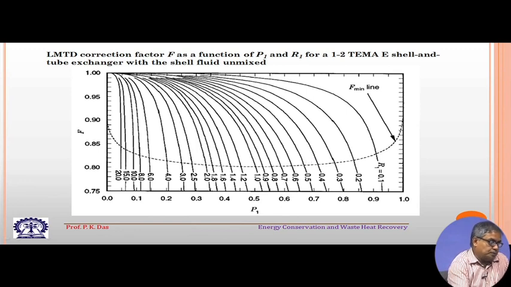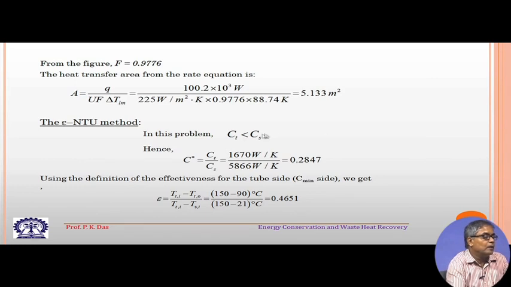So, the surface area A is equal to Q by U F delta T L M, where F is the correction factor. The correction factor we have got, U we have got from the formula.